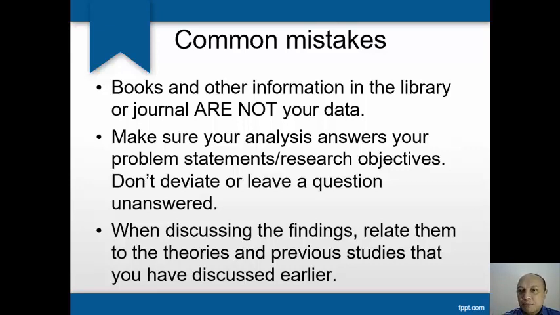For example, objective number 1 is blah blah blah, and here is the analysis and here is the finding. Research objective number 2 is blah blah blah, and this is the analysis and this is the finding. So you will not deviate from your research objectives and suddenly find yourself explaining something that was not stated in your research objectives. Then you are lost.